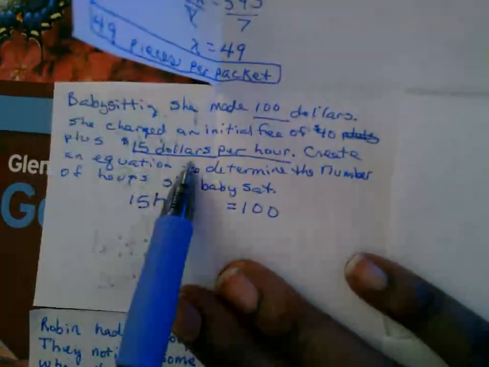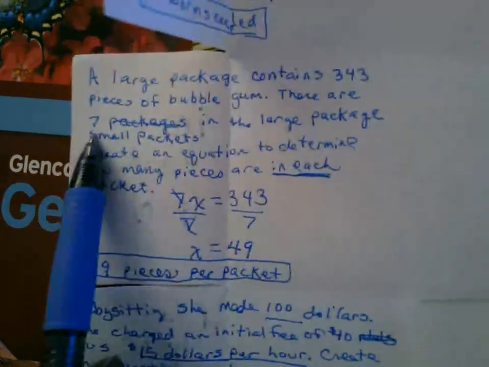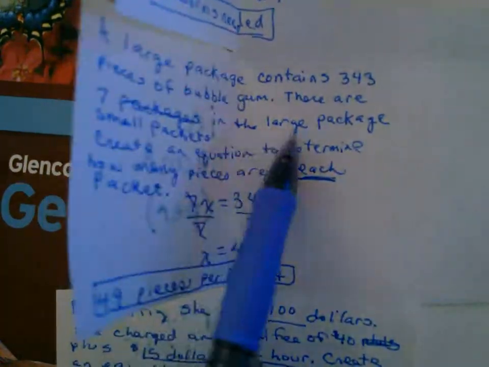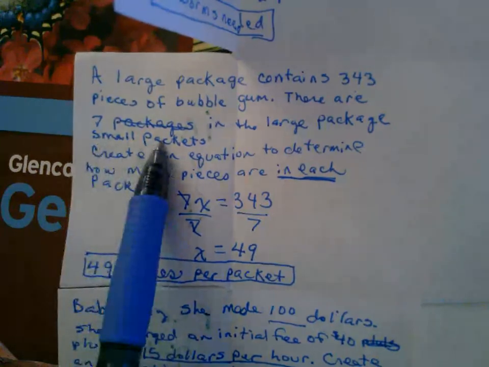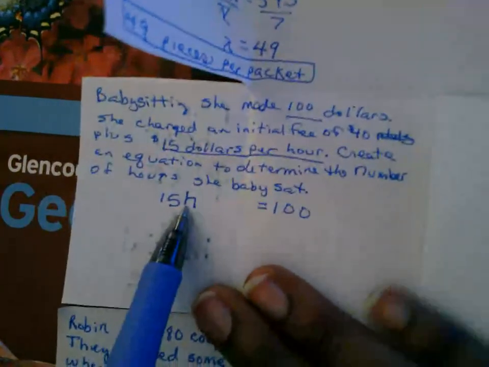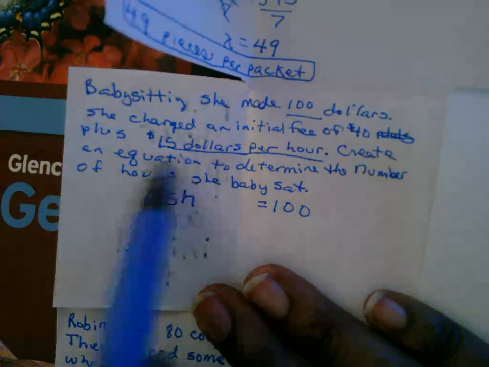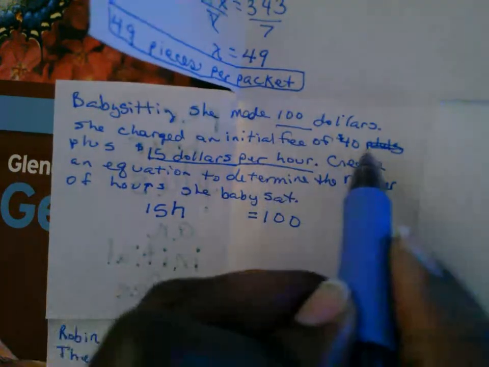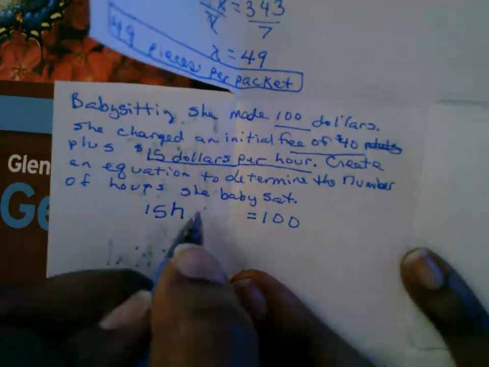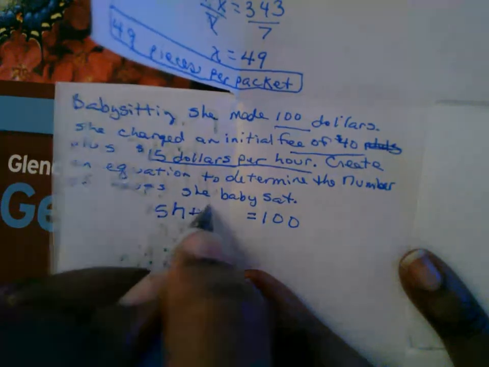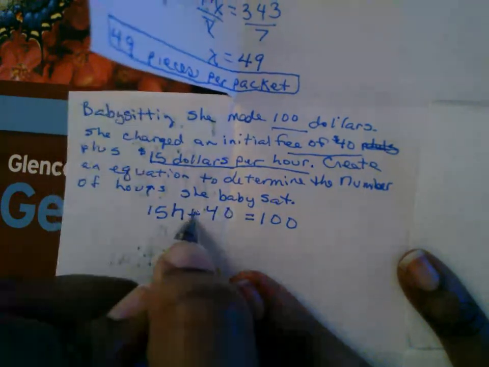So I'm still multiplying, but it's $15 per hour. This one was 7 in each packet. So $15 per hour, and then an initial fee, so plus a $40 fee.